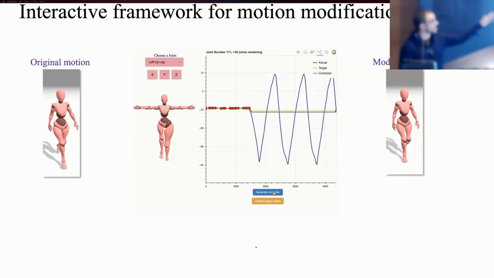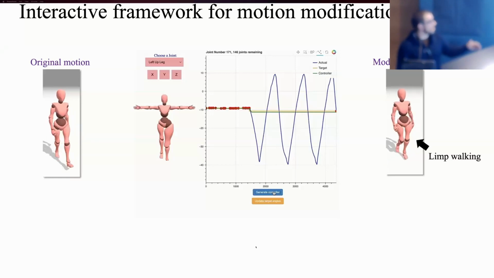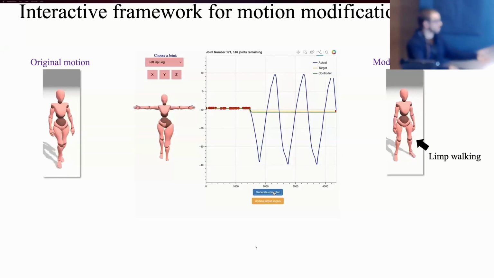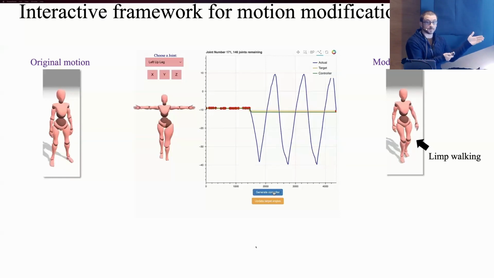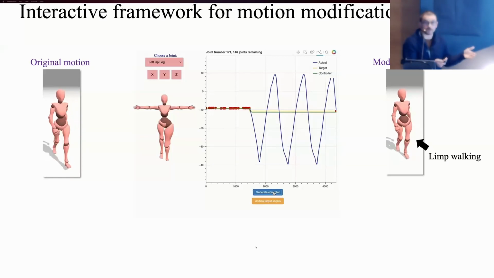And with this kind of editing, we are getting the modified motion in real time, where in this case, we just shut down the movement of the hip joint and we can see the limp walking of the animated character. So with this interactive framework, a designer can use all this background of the generative model, the generative grammar and the evolutionary algorithm without knowing the specific details of what SNNs are.